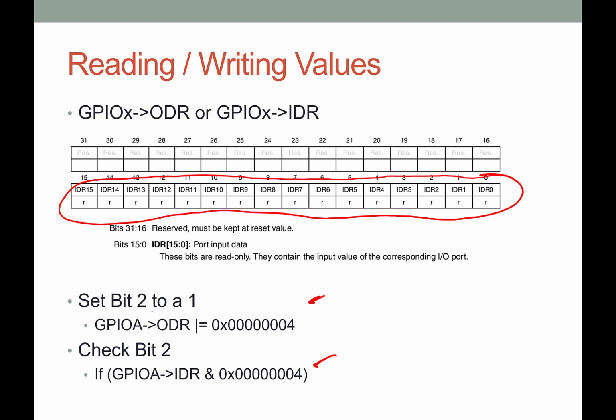It says this is going to set bit 2 of GPIO A port to 1. Well, notice what we're doing: you see 4 here, so the last 4 bits are 0, 1, 0, 0. That's 4.